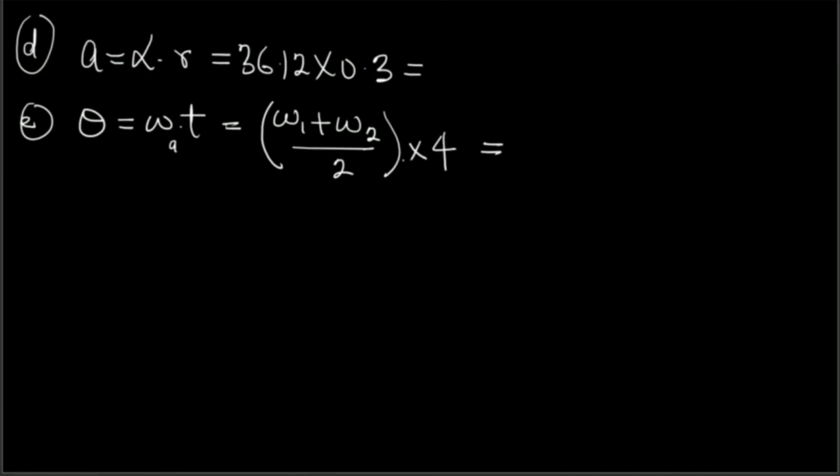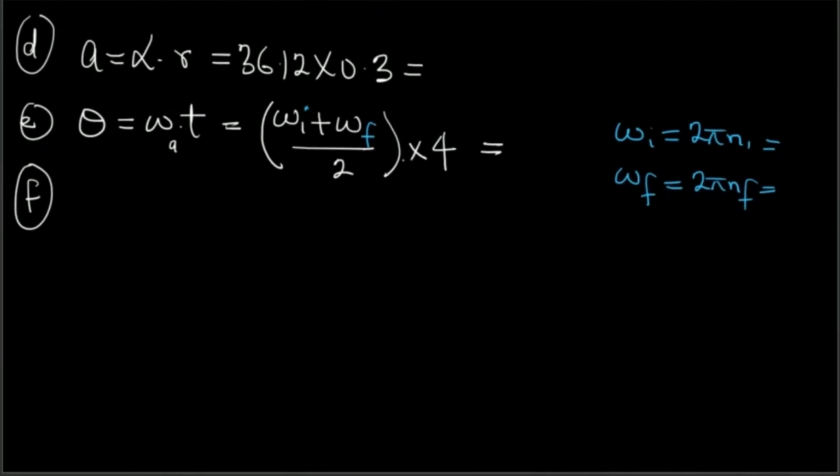Or you can calculate this separately: 2 pi n initial with the final 2 pi nf, so you can substitute those values, initial and final. And then with the f part, the distance covered by the bicycle is angular displacement multiplied by radius. And then with the g part, the number of revolutions made during 4 seconds.